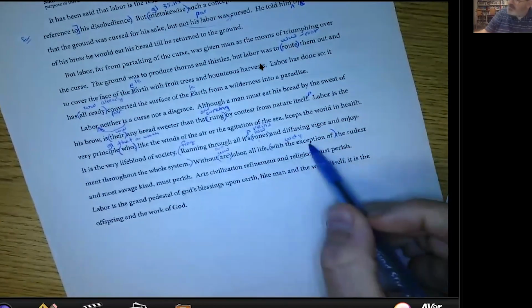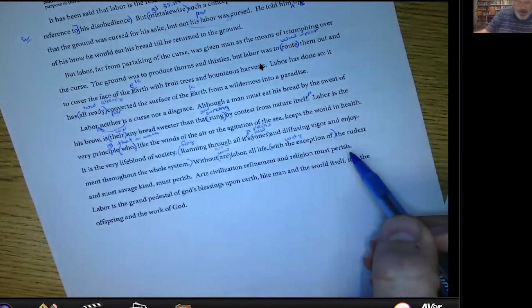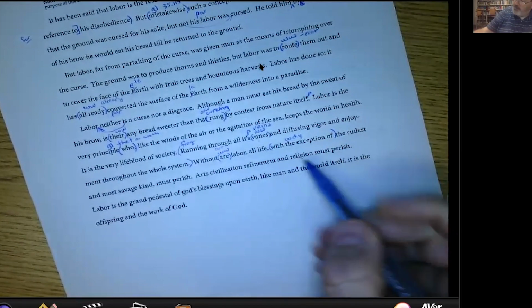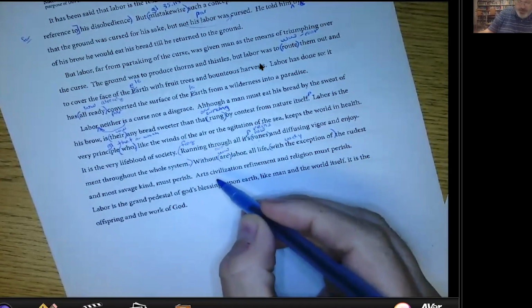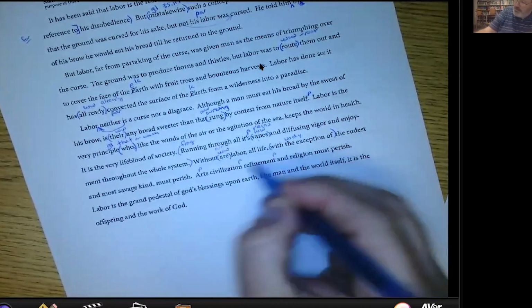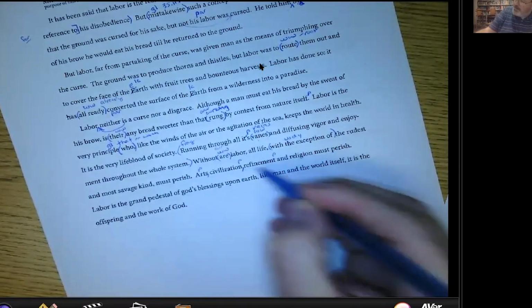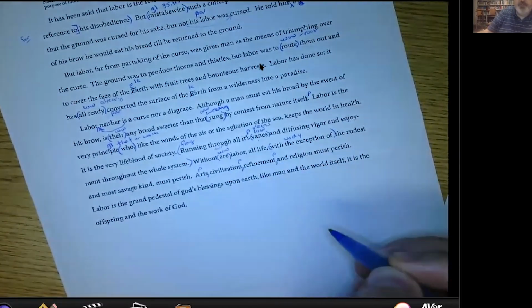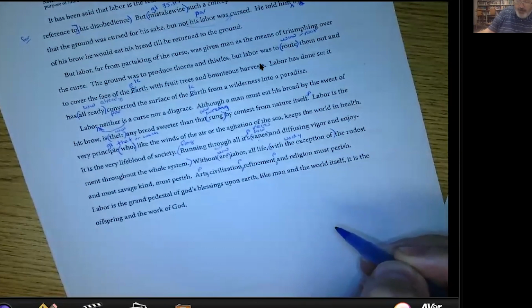Instead of that, except the rudest and most savage kind must perish. Arts, civilization, refinement. These are all punctuation issues because commas separate lists of things. Arts, civilization, refinement, and religion must perish.